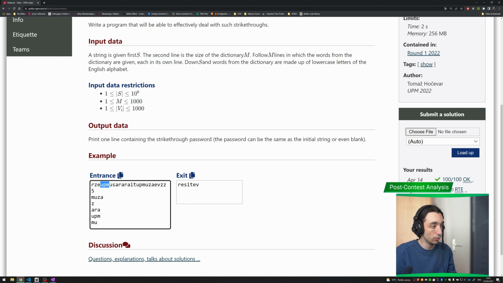You will strike out UPM and then strike out Musa. The only thing that is going to be left after you strike out all of these occurrences is going to be Reshito. So this Z is struck out, then R, E, then you strike out a lot of these letters here.